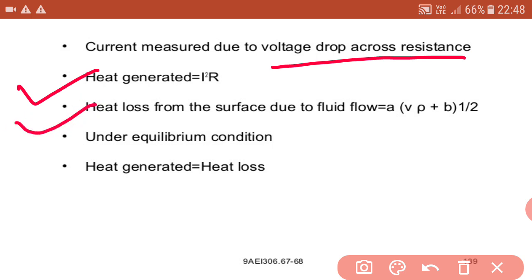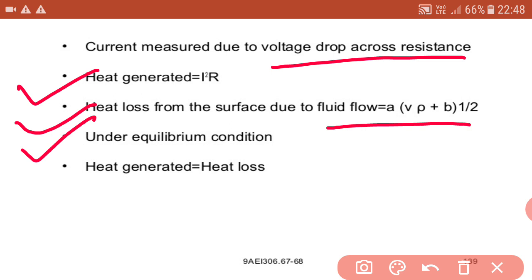Heat loss from the surface due to fluid flow is given by A plus B into root V rho. So this is the heat loss from the surface due to fluid flow. Then next, under equilibrium condition, what will happen?